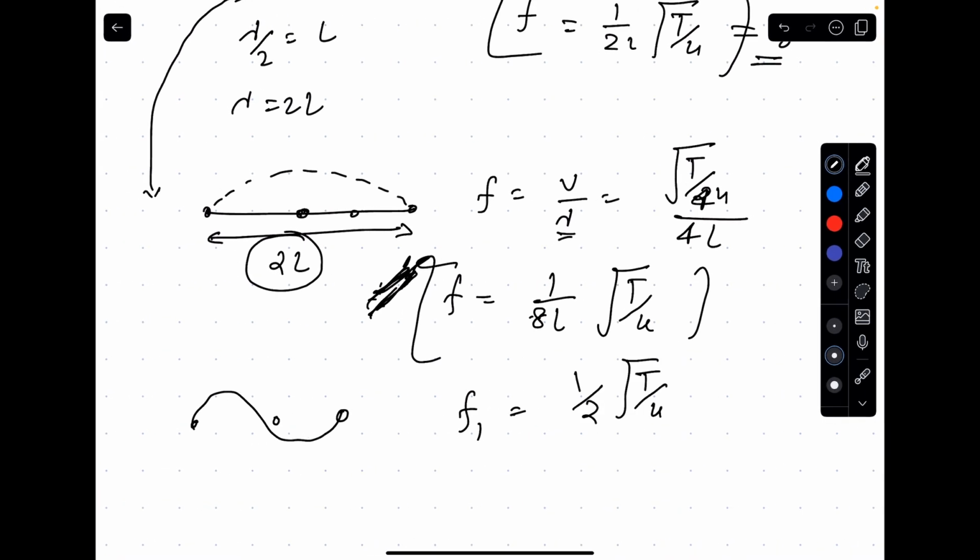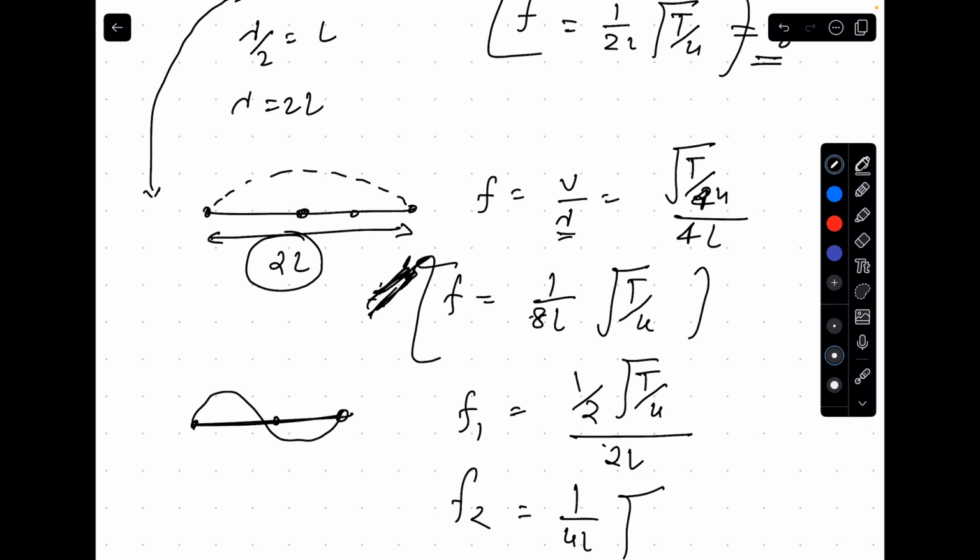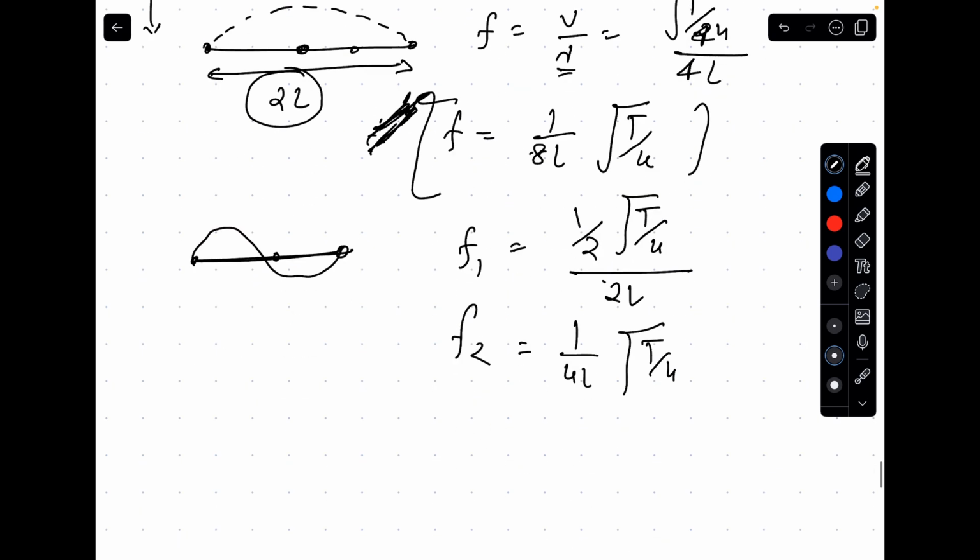This is the velocity for this one, because the mass density is 4 times, and the total length, now look over here, this total length 2L becomes the lambda, so 2L. So frequency is 1 by 4L root T by mu. Still it is not matching.